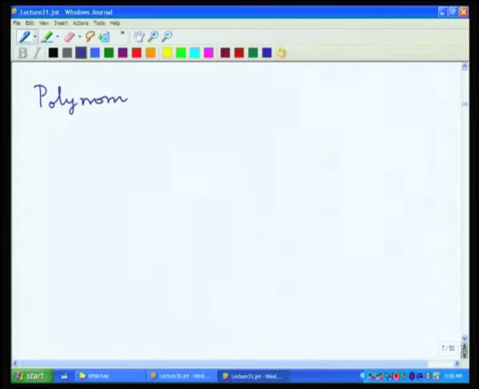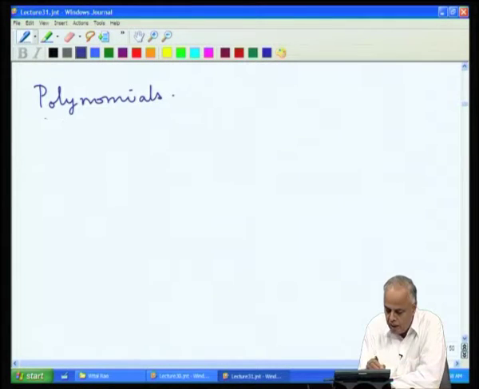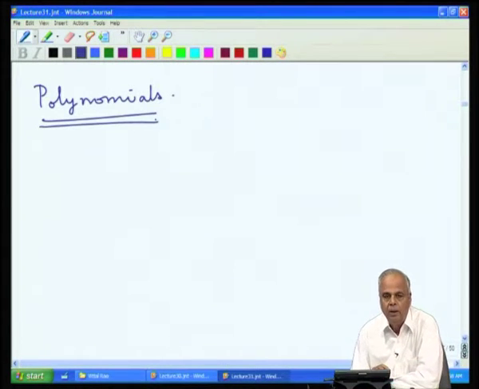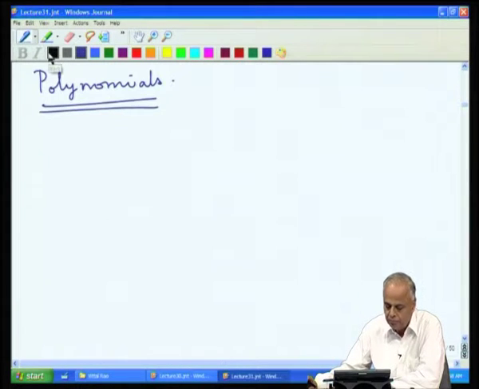We have already seen one polynomial, namely the characteristic polynomial. Analogous to that, there are several other polynomials associated with a matrix. So, to start with, we look at some facts about polynomials in general. These facts are very important in a complete analysis of the structure of matrices and linear transformations in general.